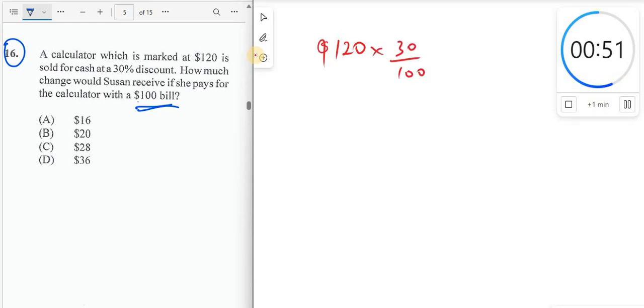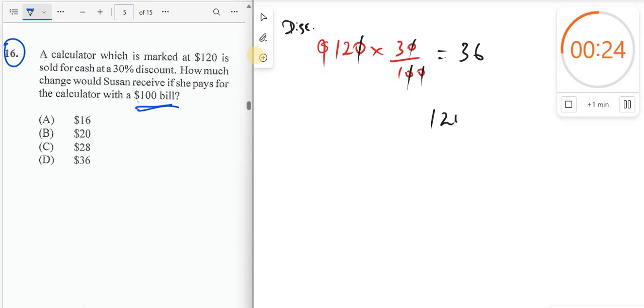30% means 30 over 100, and we simplify. We can cancel the zeros by dividing both by 10, and we can also divide this by 10 and this by 10. So dividing 120 by 10 gives us 12, and dividing 10 by 10 gives us 1. 12 threes, that's 36. So the discount is $36.